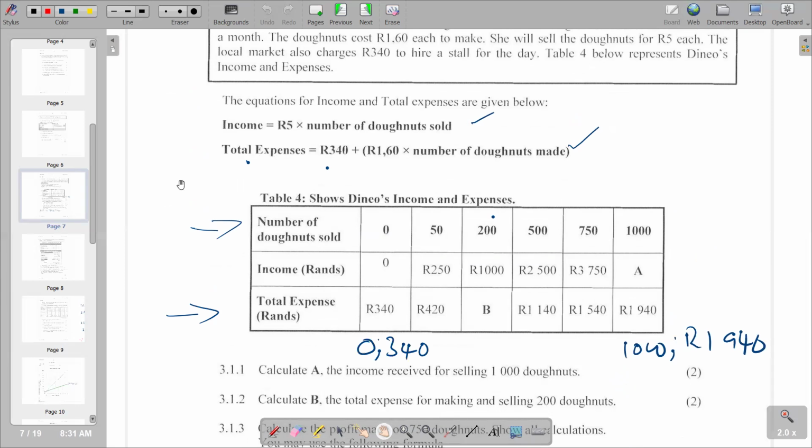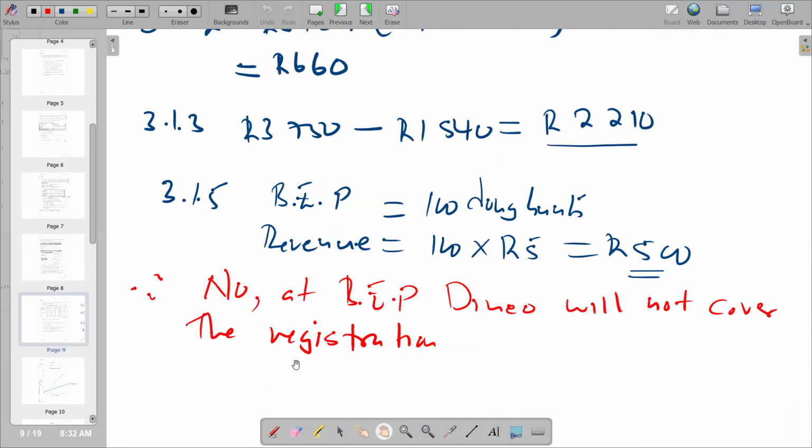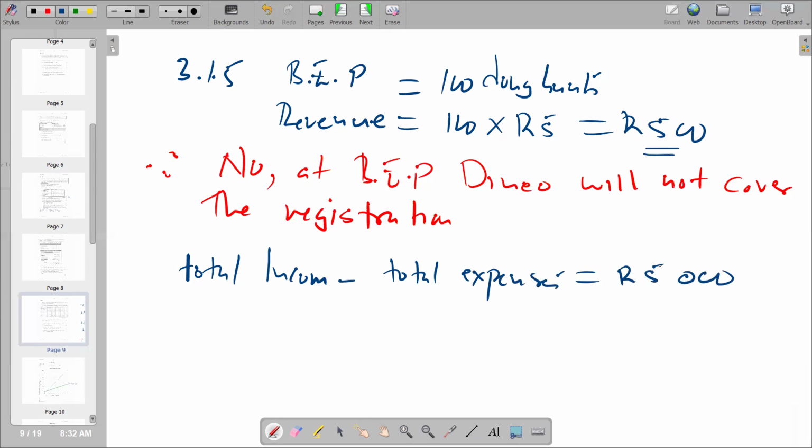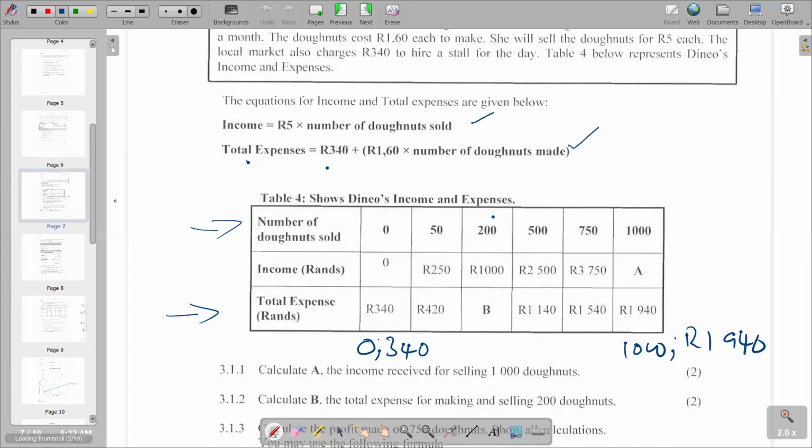So basically we are on our answer section, we are saying total income minus total expenses will give you 5,000 is how we are going to calculate it. And then our income now, you remember income is 5 times number of donors.